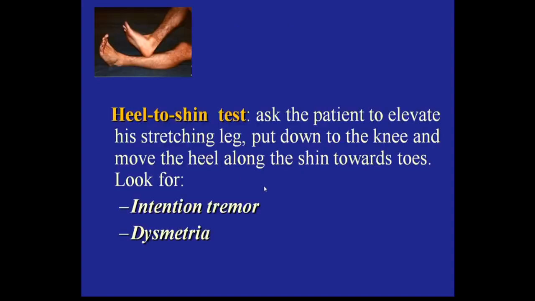How can we check ataxia in lower extremities? Heel to shin test, or heel shin test sometimes. Ask the patient to elevate his stretching leg, put down to the knee, and move the heel along the shin towards toes.